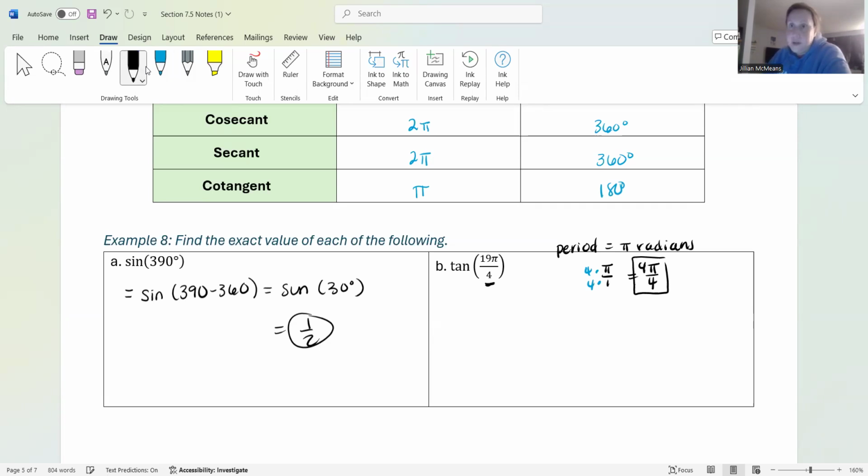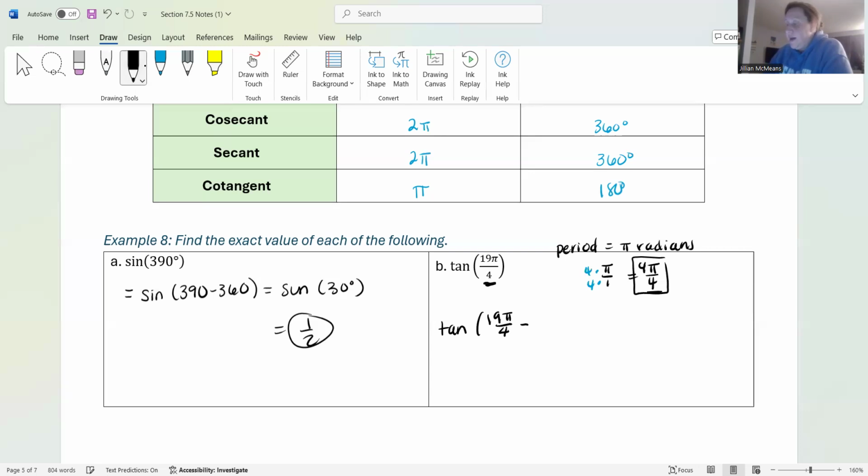4 pi over 4 is exactly equal to pi, but we have the same denominator as our argument here, which helps us. So we have to ask ourselves, how many full 4 pi over 4s can I get out of 19 pi over 4? So we have tangent of 19 pi over 4.